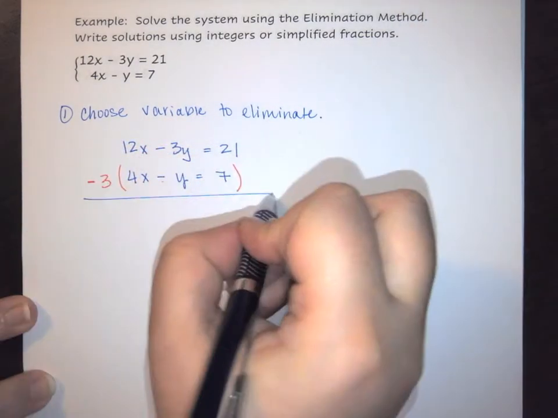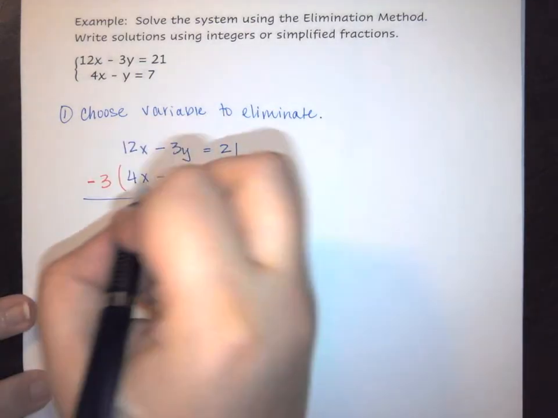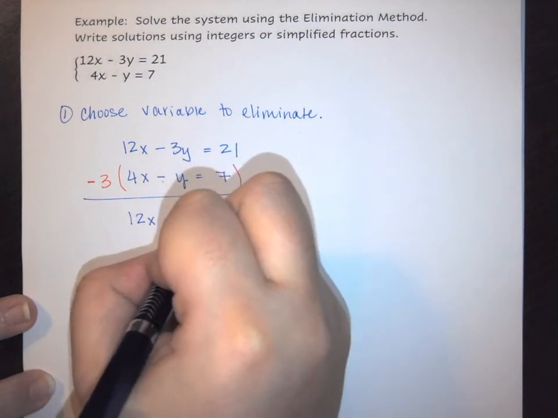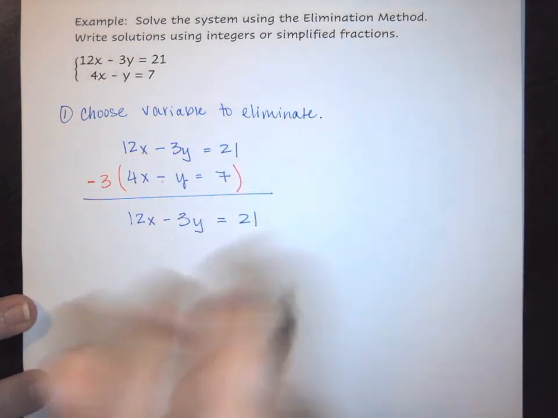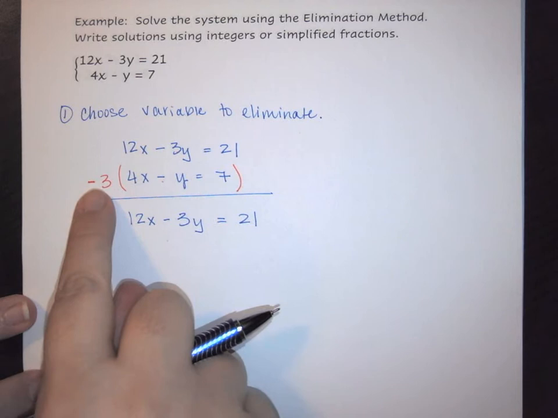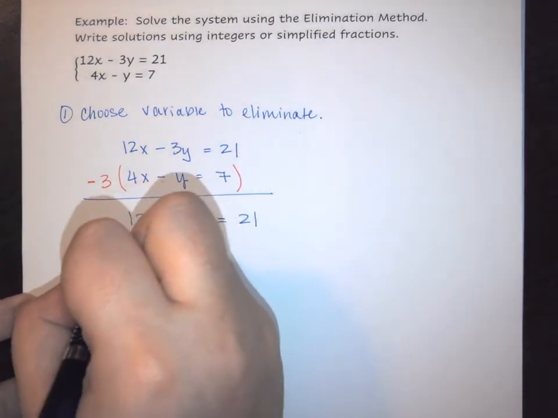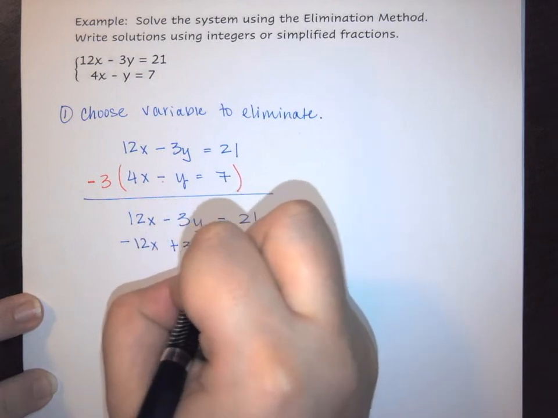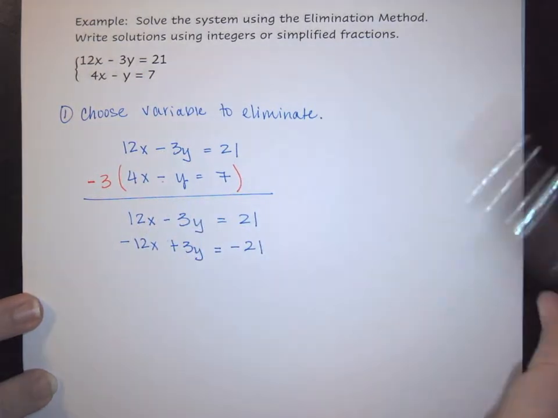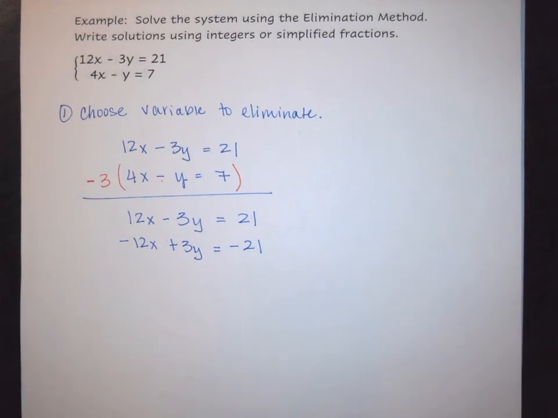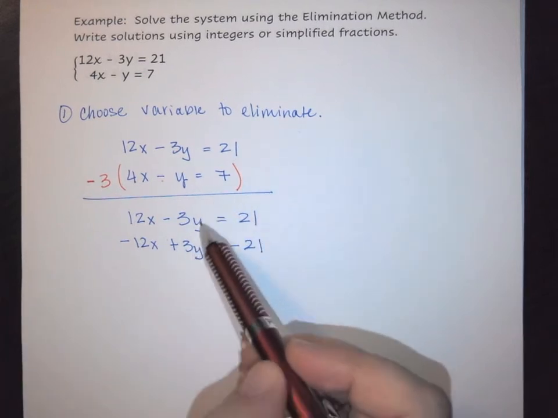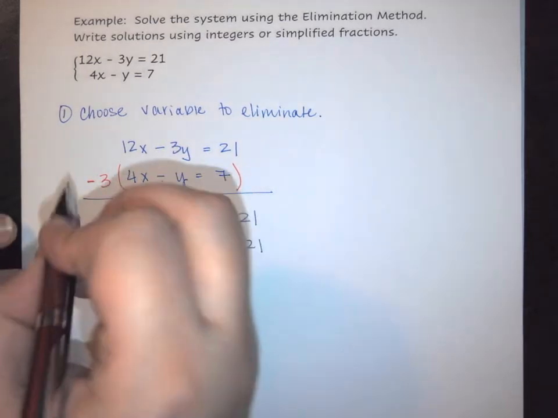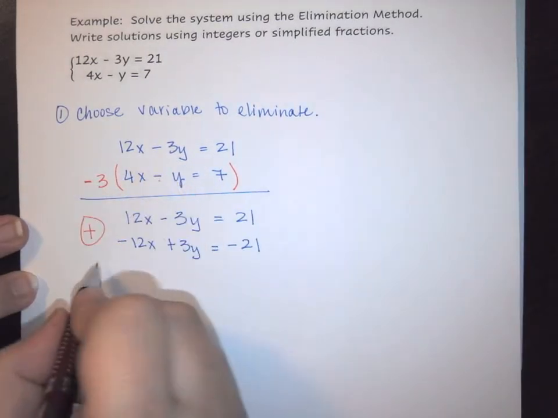In doing so, my top equation is going to stay the same, so this is 12x minus my 3y equals 21. My bottom equation changes, so negative 3 times 4 is going to give me negative 12x, a positive 3y is equal to a negative 21. Once you have your variable that you care about, which is your y's, having opposite but the same coefficients, you are going to do vertical addition.